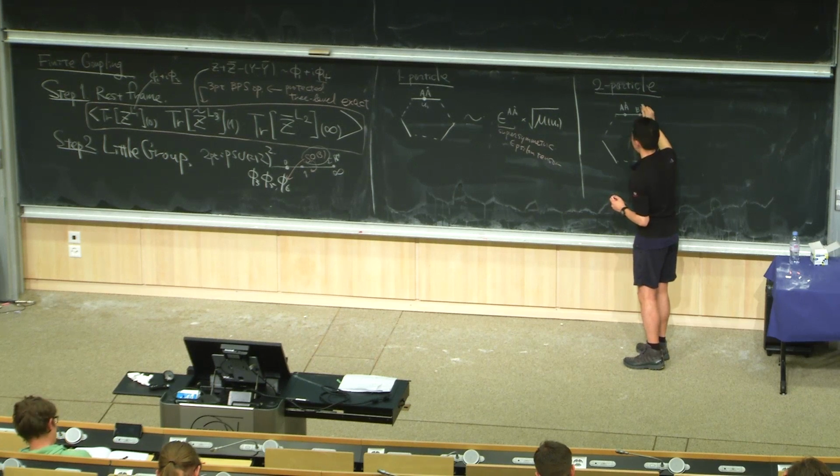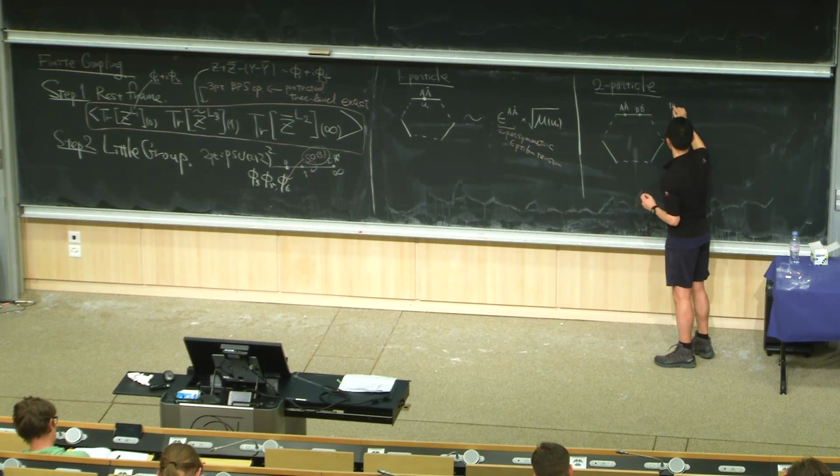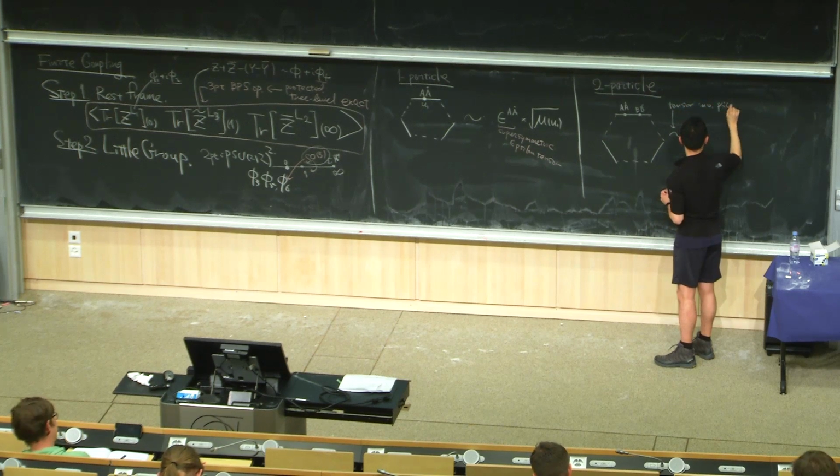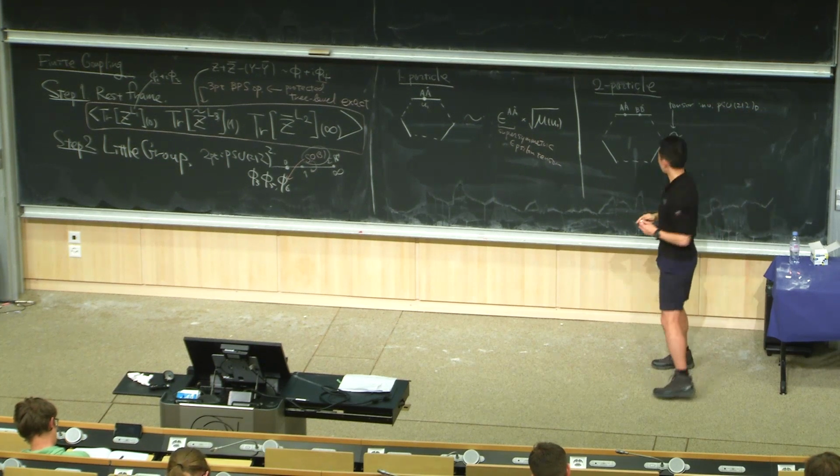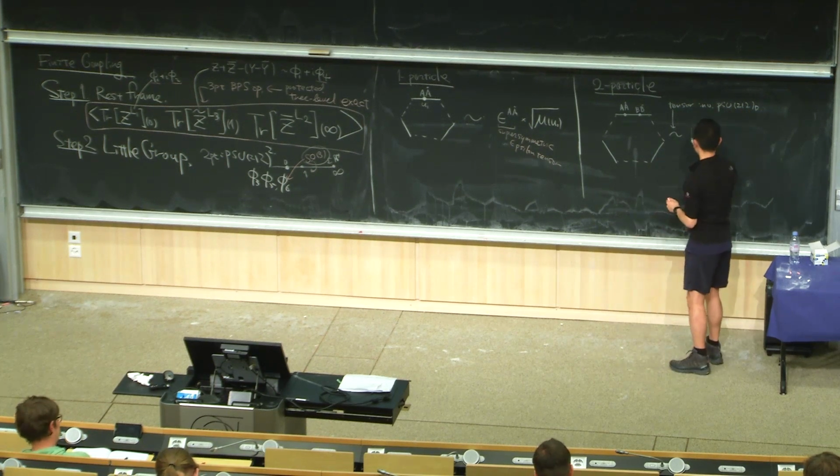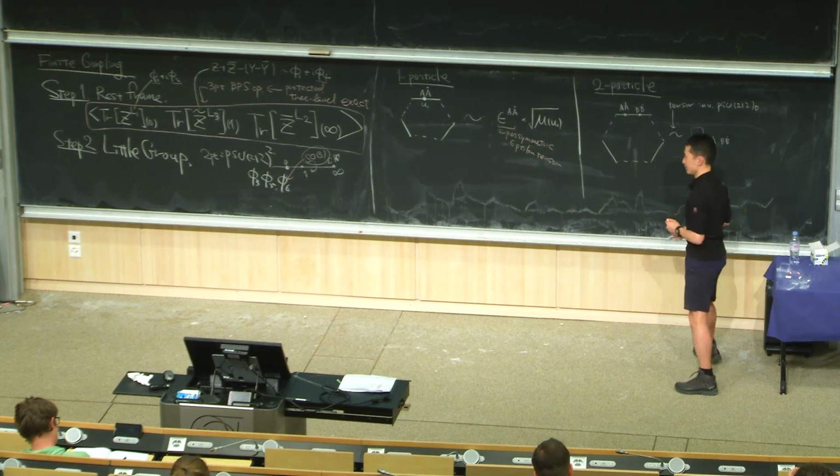Again, your task is to find some tensor invariant under the diagonal PSU(2|2) symmetry. So this is a tensor with 4 indices, which is invariant under a single copy of diagonal PSU(2|2).